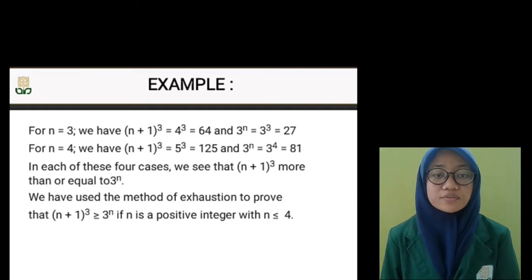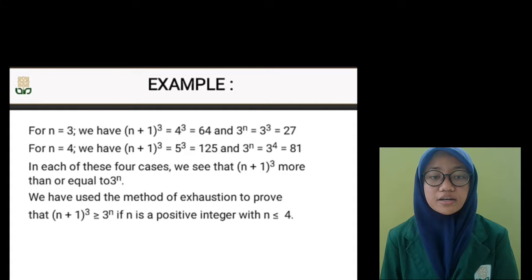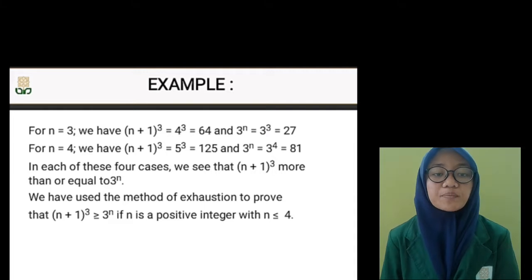In each of these 4 cases, we see that (n+1)^3 is greater than or equal to 3^n. We have used the method of exhaustion to prove that (n+1)^3 is greater than or equal to 3^n if n is a positive integer with n less than or equal to 4.